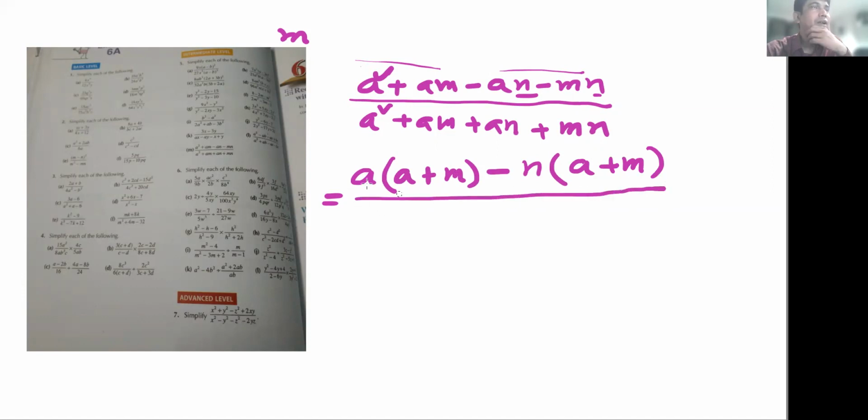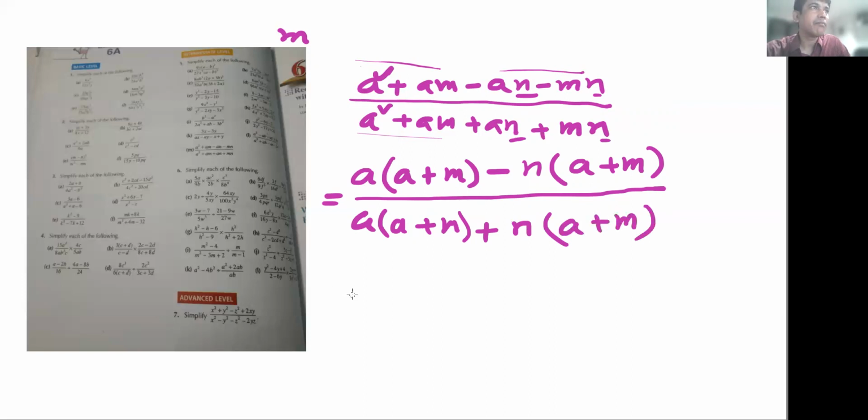Then in the bottom one, we get the same, a common, a plus m, plus, n we can take. We can take n as common, right? a plus m.